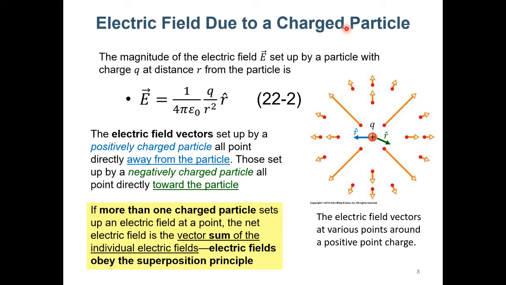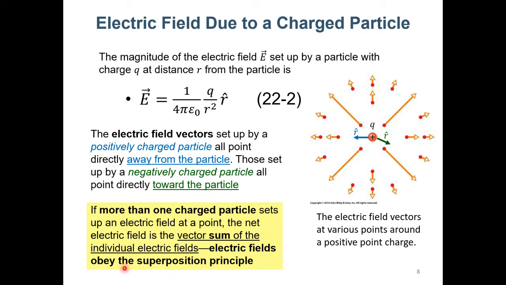Single charge is very easy. It should be somehow like this, and then it says if there is more than one charged particle setting up an electric field at a point, then the net electric field is the vector sum of the individual electric fields.